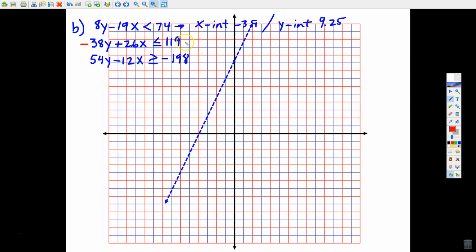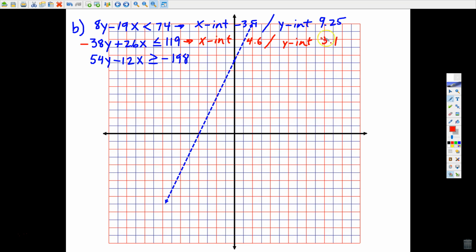And so the same thing, let's get the x and y intercepts. X-intercept, I'm going to divide 119 by 26, and I get 4.6. Y-intercept, I'm going to do 119 divided by 38. And I get 3 point, I'm going to call that 3.1.